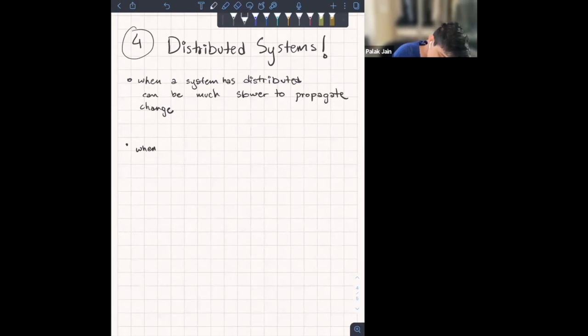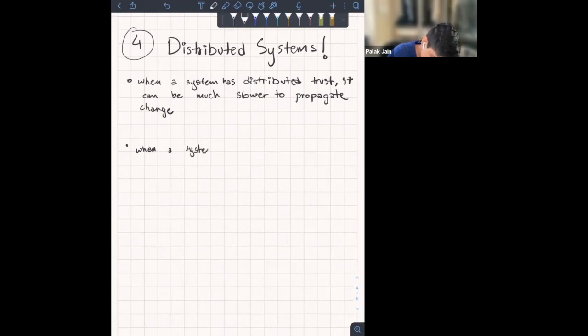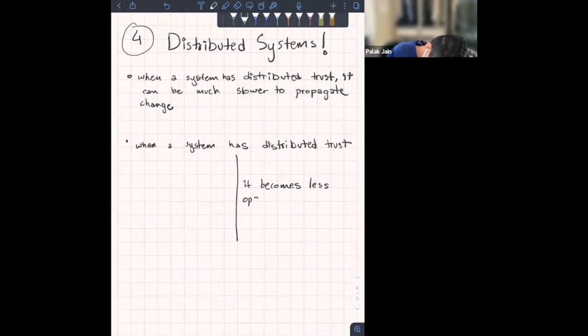So when a system has distributed trust, it can be slower to propagate change. When a system has distributed trust, another thing can happen. And this is kind of like a good versus bad, right? It becomes less opaque to very skilled users, right?